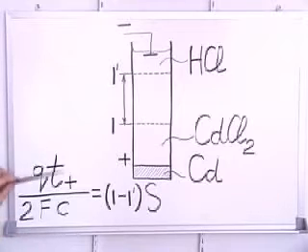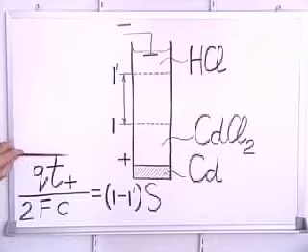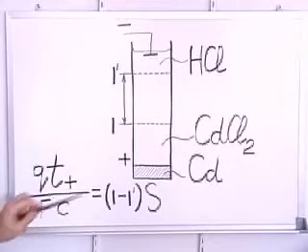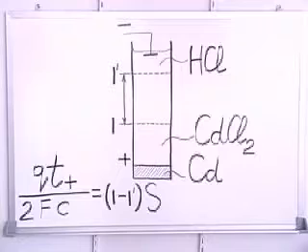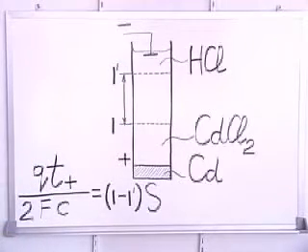Then dividing this quantity of electricity by 2 times the Faraday number will give the number of moles of cadmium cations. And then we can divide it by the molarity of the cadmium chloride to obtain the volume which is occupied by these cadmium cations.